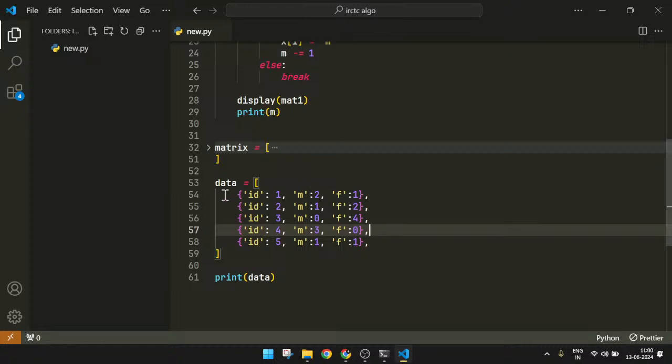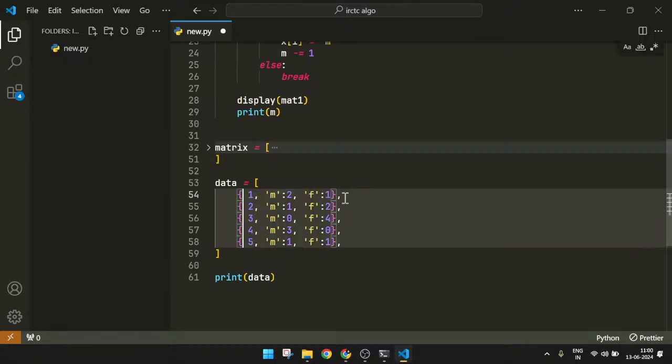So rather than using this, I can normally use an array rather than an object.